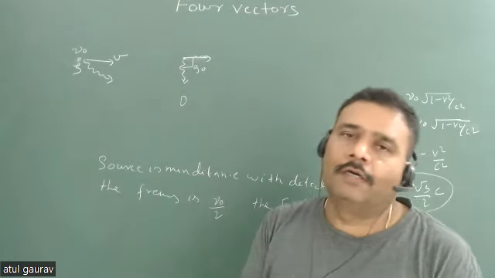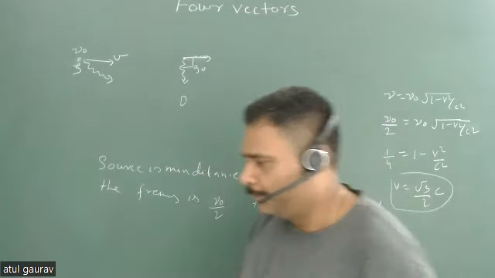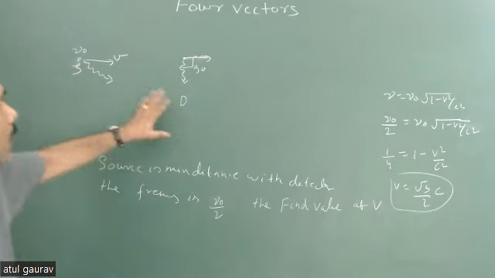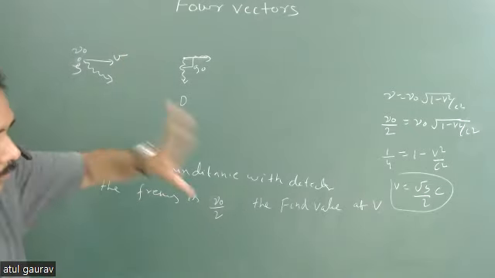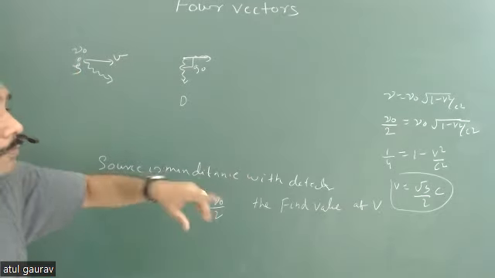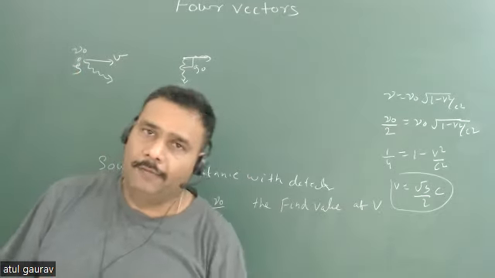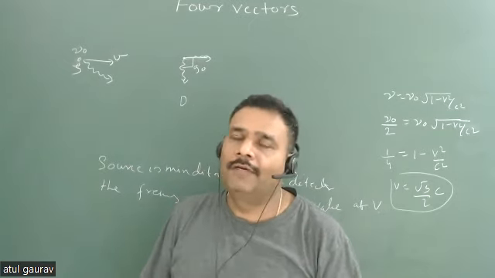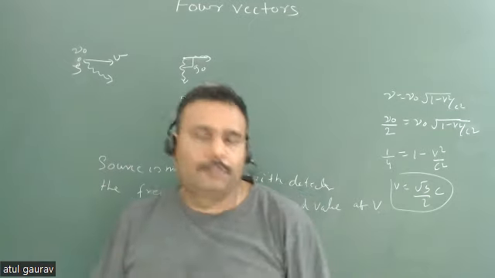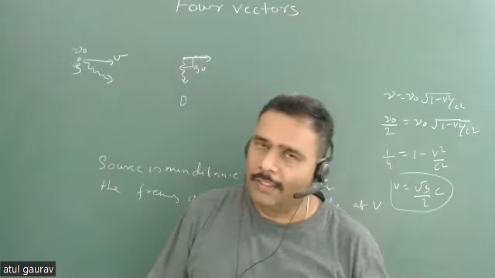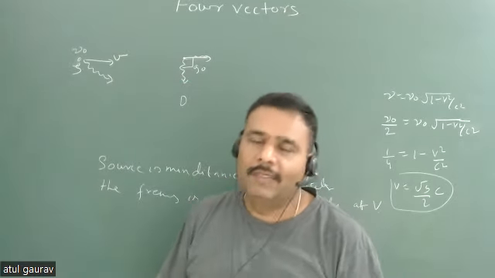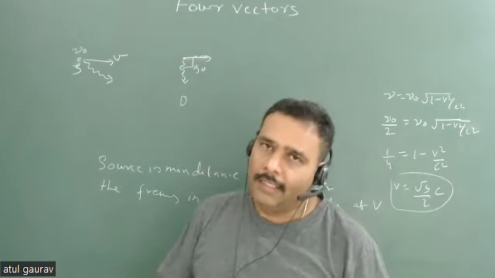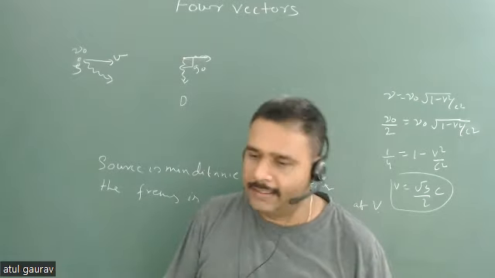Once you know the relative speed between observer and source and the real angle, and when to use the longitudinal Doppler effect or the transverse Doppler effect, then you can do it in a very easy manner, and that is a cakewalk for you. So let's go for the next level of analysis.